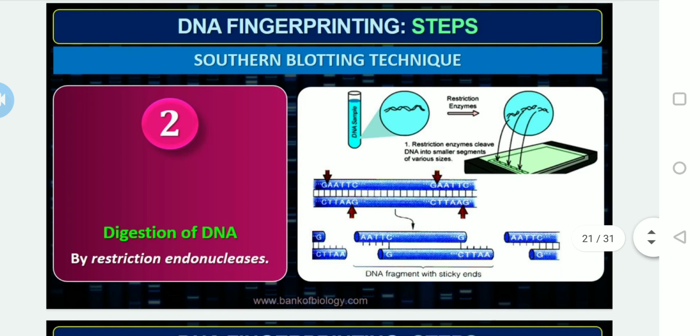The next step is nothing but the digestion of DNA. This is also known as the extraction of DNA.